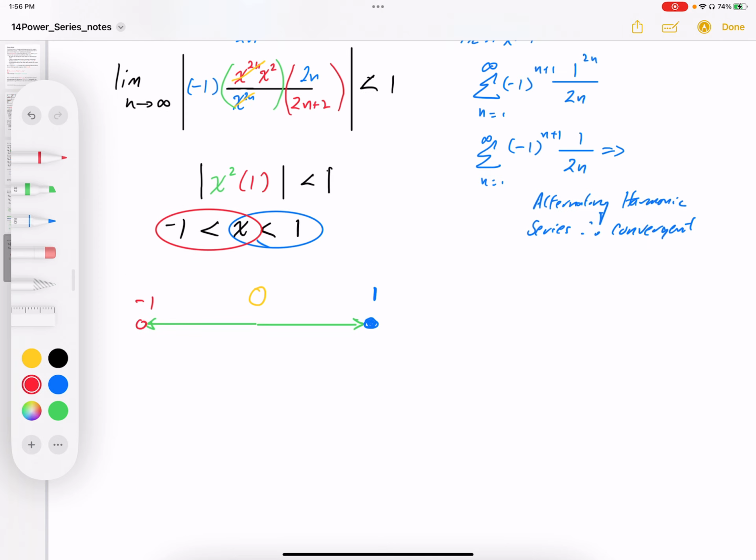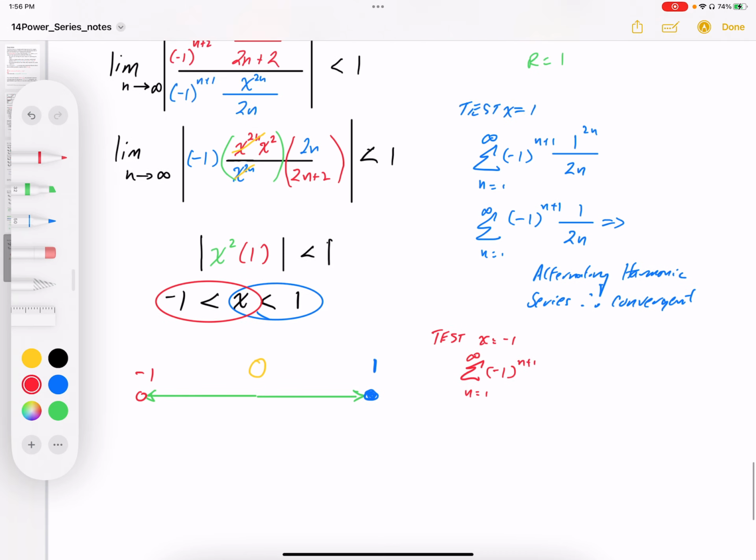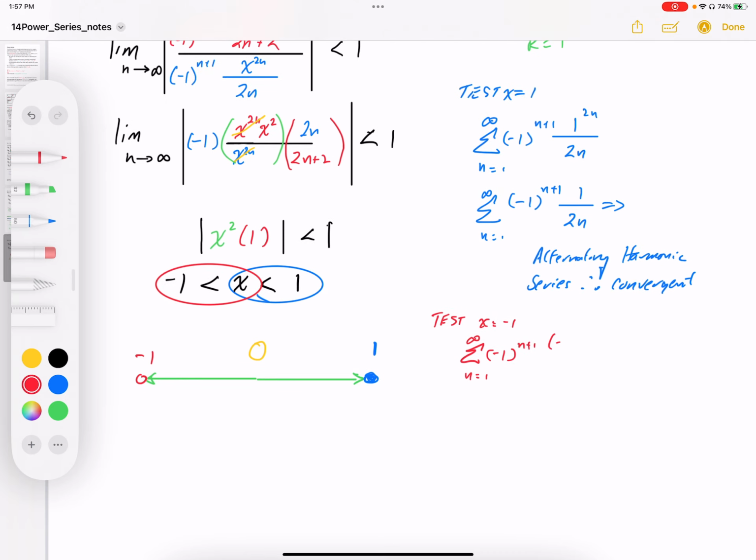So testing the -1, so x equals -1. This is our test, and this is just any test we can use. It could be just a direct comparison. It could be just from a known series. We end up with -1 to the power n plus 1. When we substitute a -1 this time, we're going to end with -1 to the power 2n over 2n.